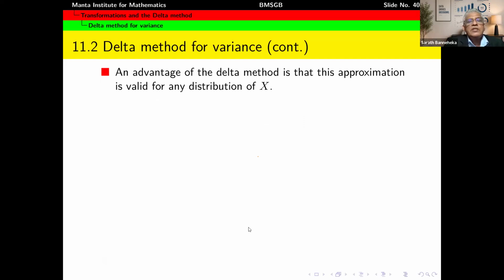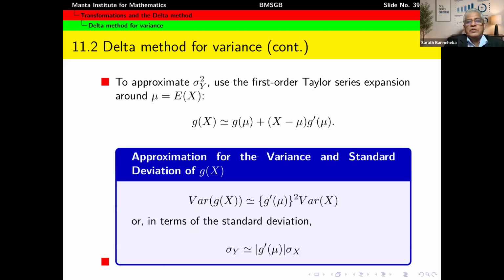Right. So the advantage of this delta method is that this approximation is valid for any distribution of x. Of course, not for all. There can be some situations where mu is not defined, like in a Cauchy distribution.